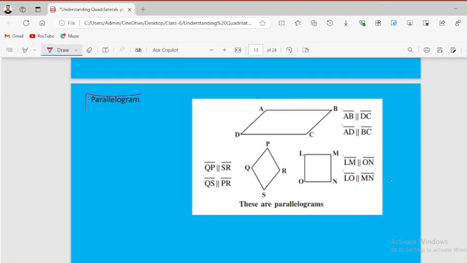Now the parallelogram. The opposite sides of a parallelogram are parallel and equal.